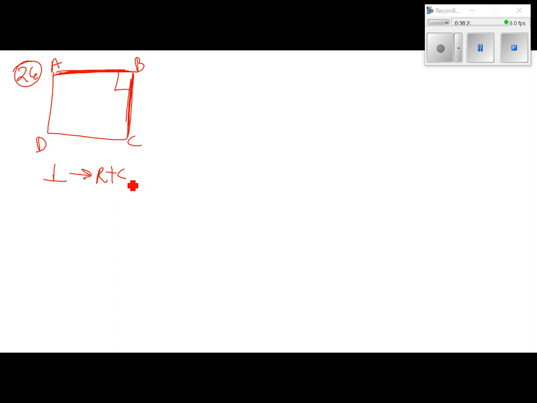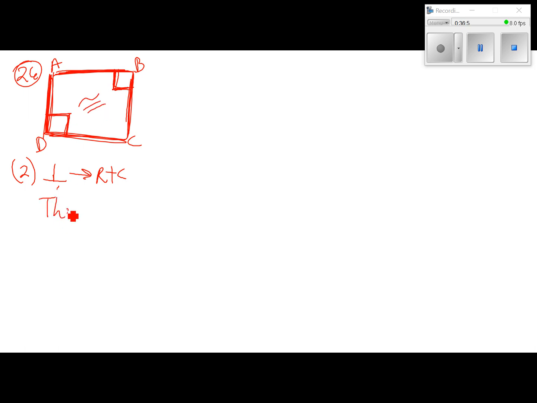Then segment AD is perpendicular to segment DC. Same idea, so those two have to come together to form a right angle. So we're probably going to say that twice in our 2-column proof somewhere, that we have right angles there because of the perpendicular lines. Then, once we know that, we had a theorem that said if this is a right angle and this is a right angle, then they have to be congruent.